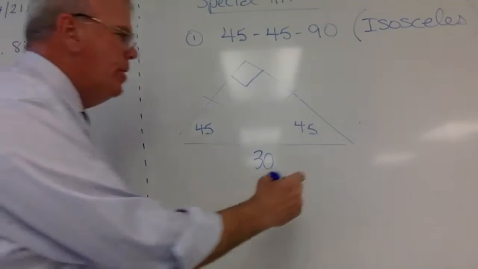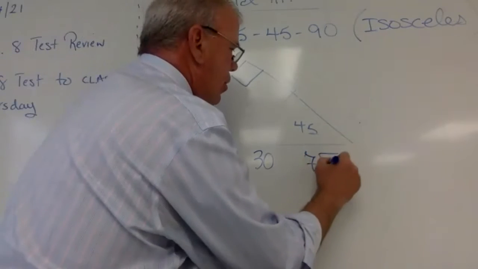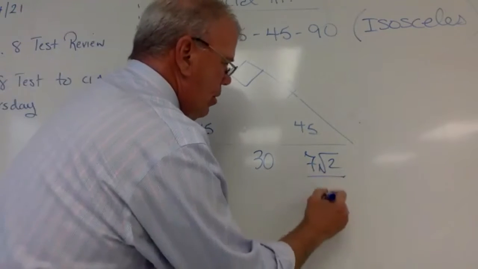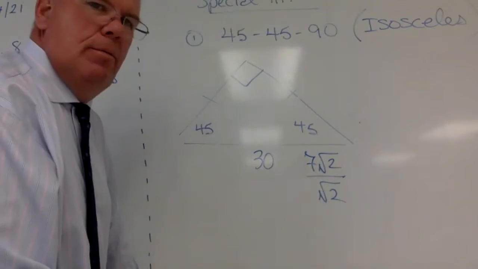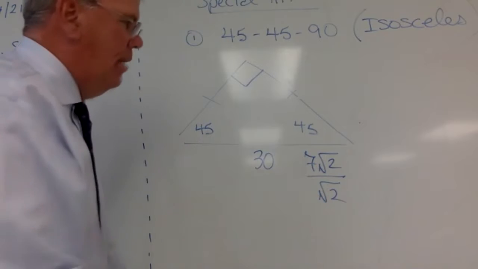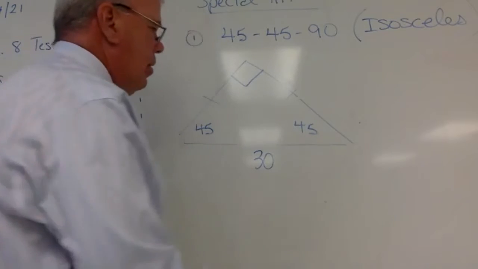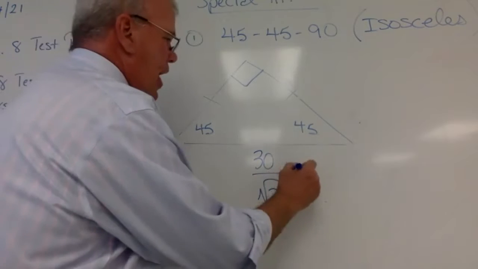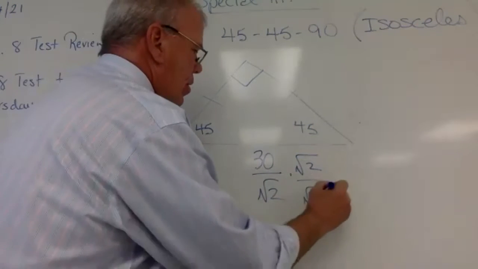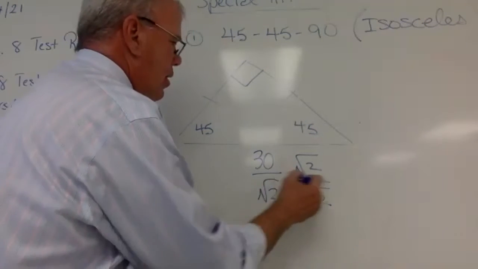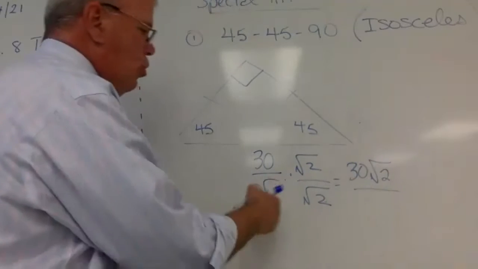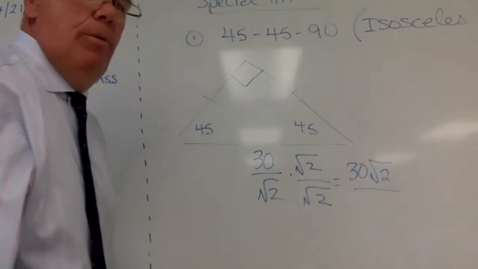Well, what did I do when it was 7 radical 2? Divide by radical 2. And now you just rationalize that, right? So 30 radical 2. Hey, fellas, what's the square root of 2 times the square root of 2?